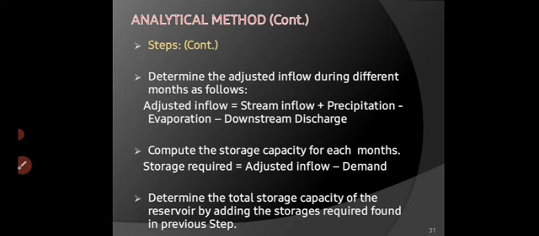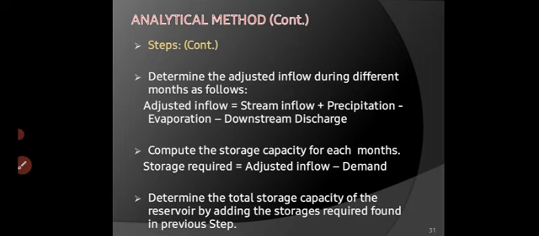So compute the storage capacity for each month. Storage required is equal to inflow minus demand, right? Determine the total storage capacity of the reservoir by adding the storages required found in previous steps.